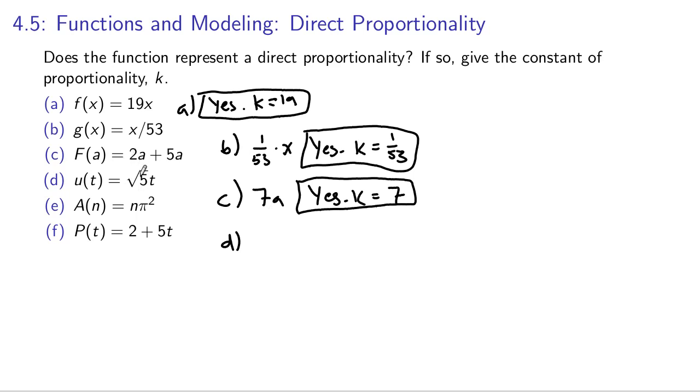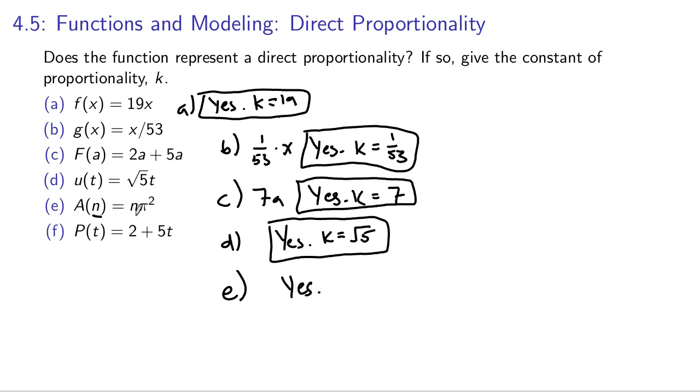And the square root of 5 is just the number, so the answer is yes. Constant k is the square root of 5. E. N pi squared, and n is the input. So that gives us yes, because the variable is n. The k is pi squared.